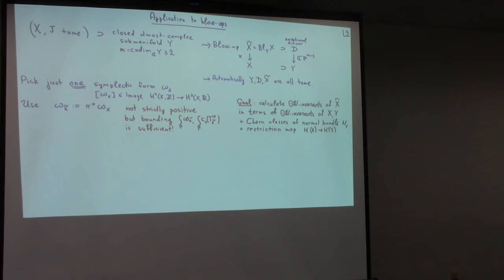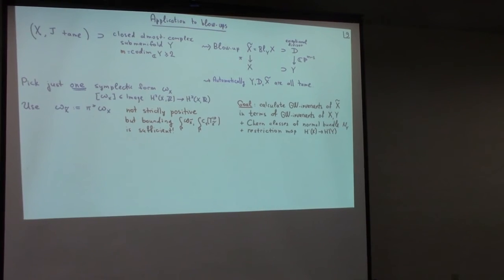Now I will tell you about applications of all this. Now going back to geometry. Suppose I have my almost complex manifold with tame almost complex structure, and I take a closed almost complex submanifold Y of complex codimension at least 2.